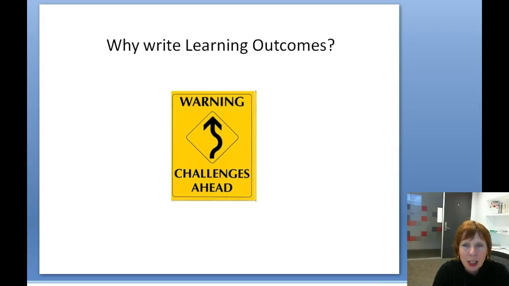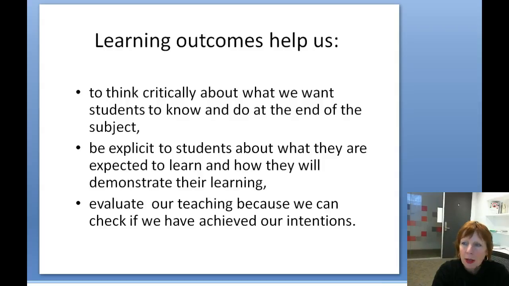Why am I focusing on how to write learning outcomes? Because being clear about what we want students to be able to do is central to constructing an aligned curriculum. There are a number of reasons why writing learning outcomes is important. It helps the teacher to think critically about what we want students to know and do at the end of the subject. And it also helps us to clarify to students what we are expecting them to learn.